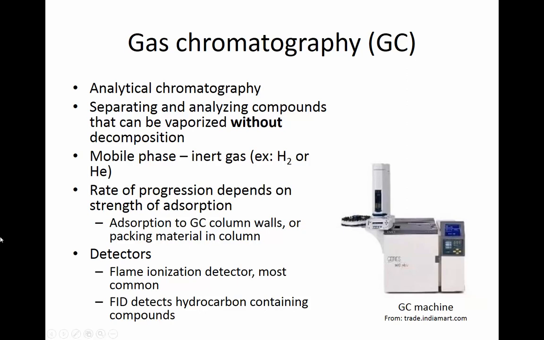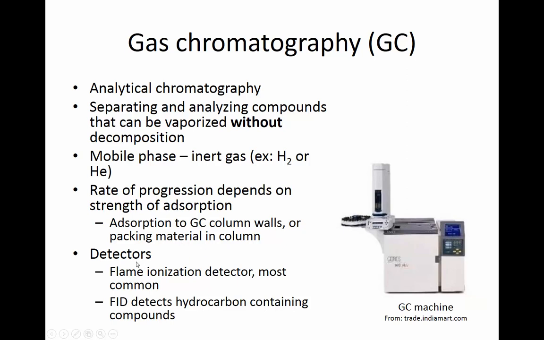Helium is often used, although most gas chromatography machines I've run use hydrogen as the mobile phase. The rate of progression throughout the column depends on the strength of adsorption to the column walls, or the packing material in a column, depending on what you're using.